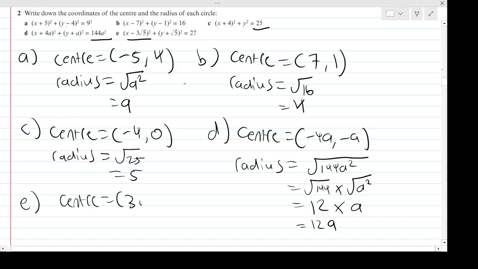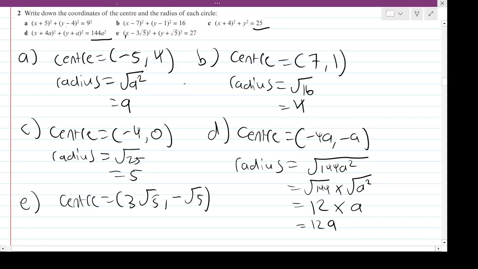That's the x coordinate there. Then y, instead of plus root 5, we're going to do minus root 5. You can think of this as well by just setting the brackets to be 0, if it helps. So if x minus 3 root 5 is 0, then x has to equal 3 root 5. But it depends how you want to see it, really. So there we are, that's the centre.